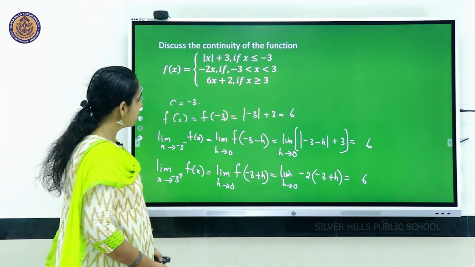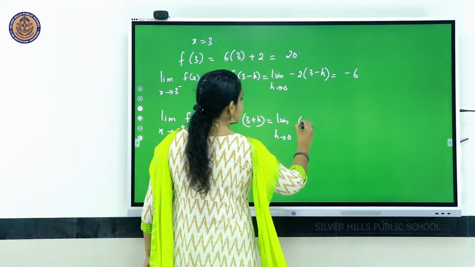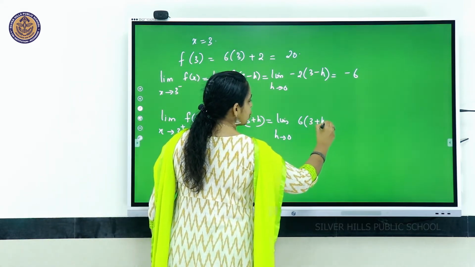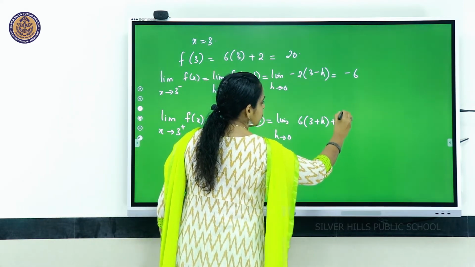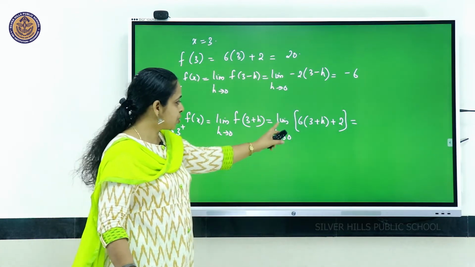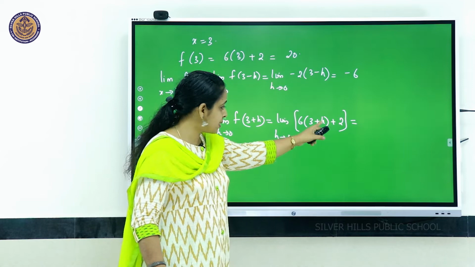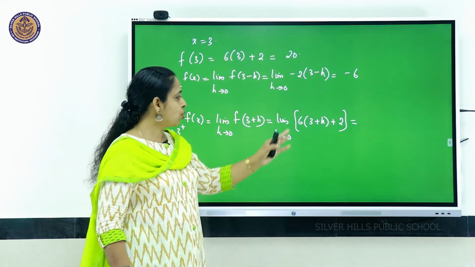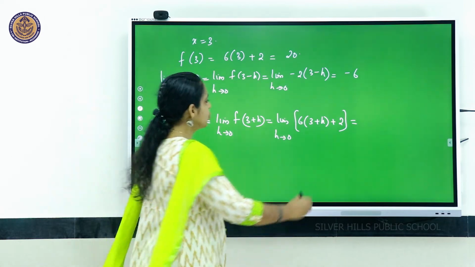Correct? So, 6 into (3 plus h) plus 2 equals 18 plus 6h plus 2. H is tending to 0, so you will get 18 plus 2, 20.